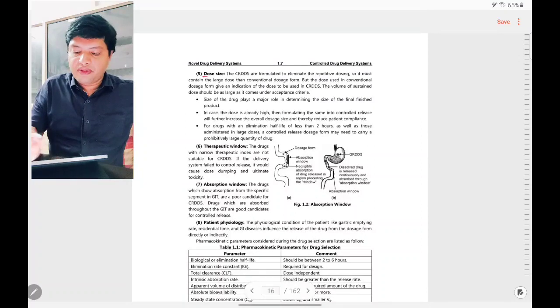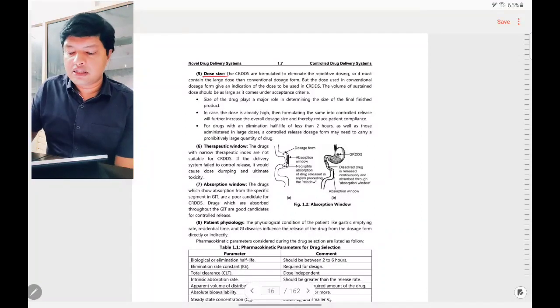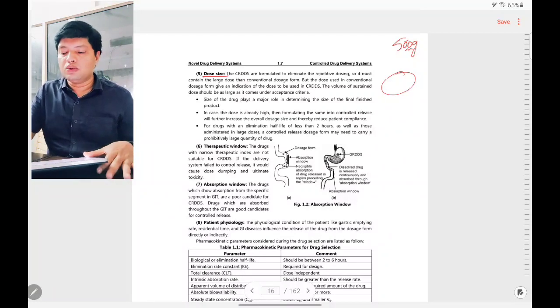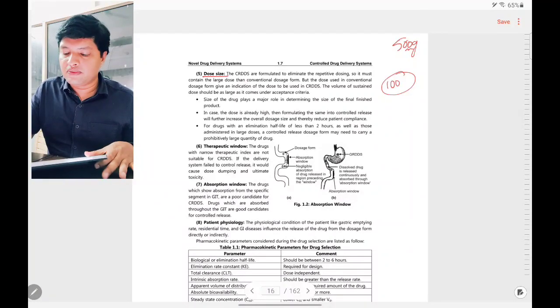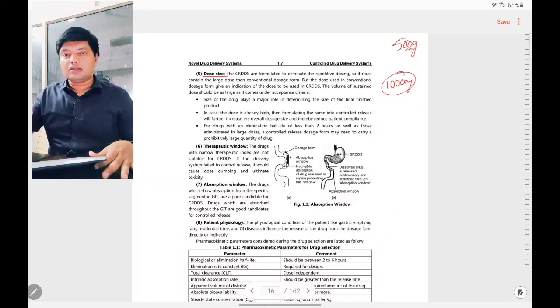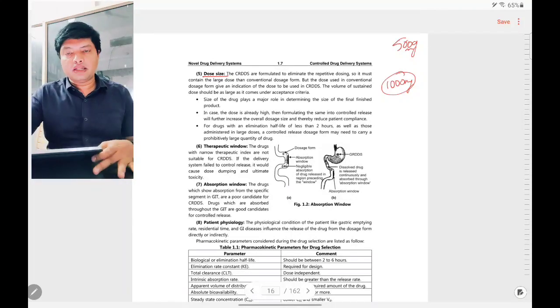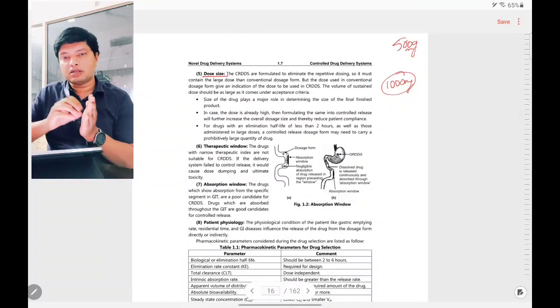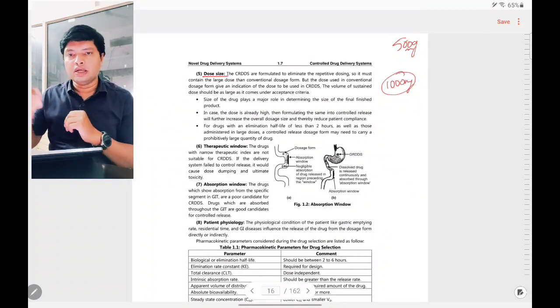Next, dose size. Because in a controlled drug delivery system, you are giving more than one dose in a dosage form. Let's say it is 500 mg per dose. So I am giving almost 2 or 3 doses here, like 1000 mg, because more drug is incorporated so that it can release the drug slowly.